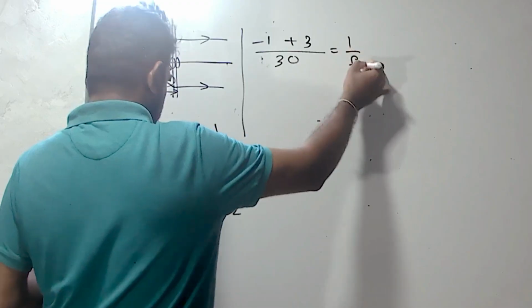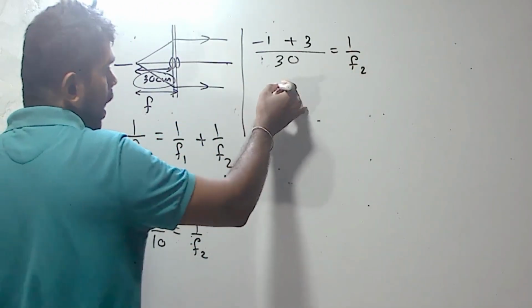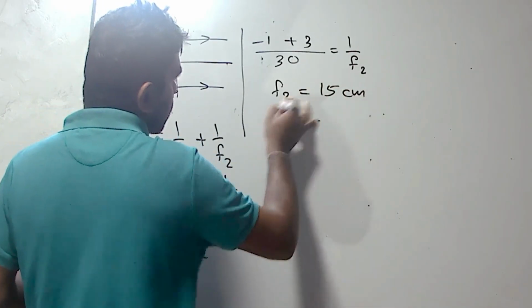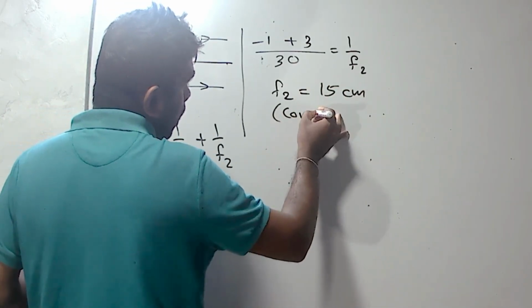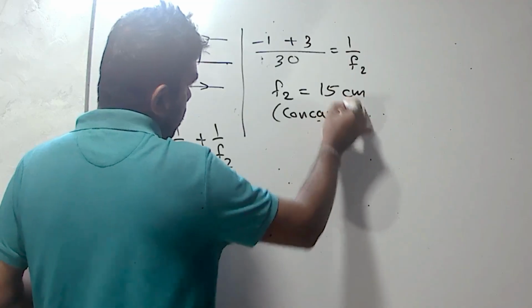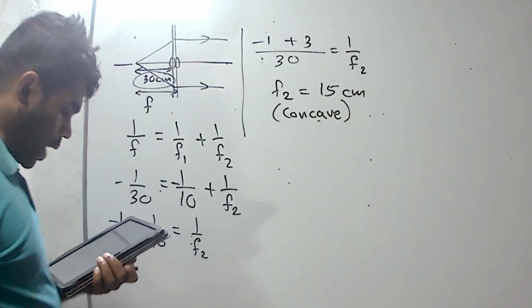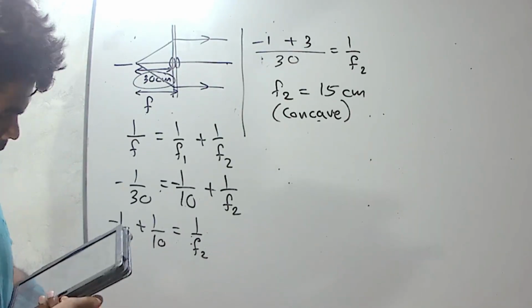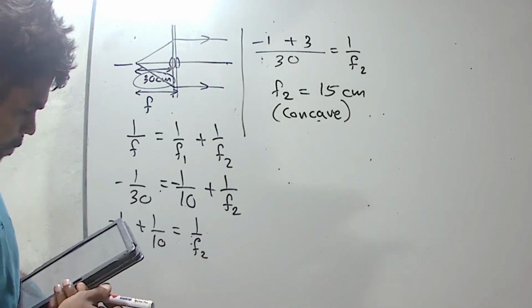So 1 over f2 gives the f2 value of 15, a plus value. Plus value means it should be a concave lens. Focal length 15 and it should be concave. Then the answer is 1.